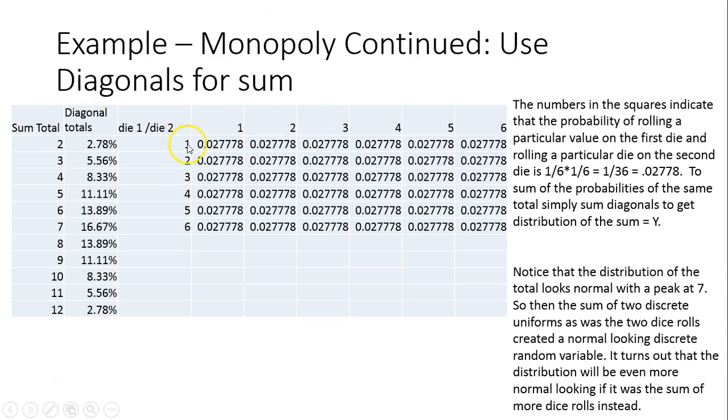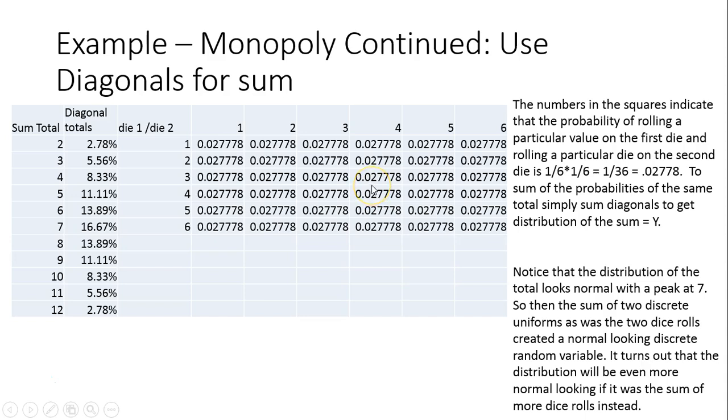So this is saying, when the first die equals 1 and the second one equals 1, what is this probability? It's 1 over 6 times 1 over 6, so for this to occur, it's 1/36. And this is saying, what is the probability of me getting a 3 on one of the dice and a 4 on the other?